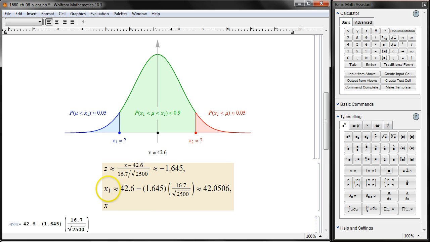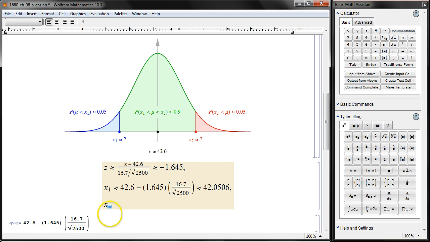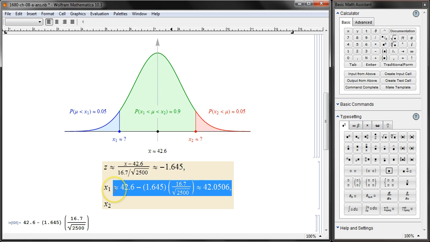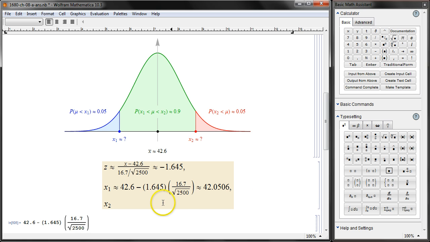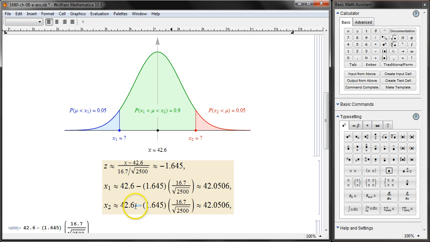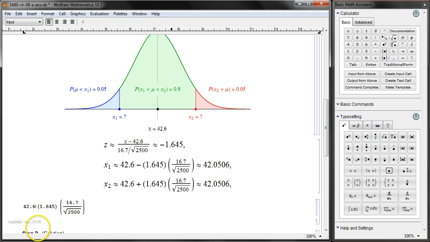That is left hand side endpoint. Right hand side endpoint will be, well, pretty much the same, except that you have to go to the right. So change the sign. And we have, well, appropriate number right here.